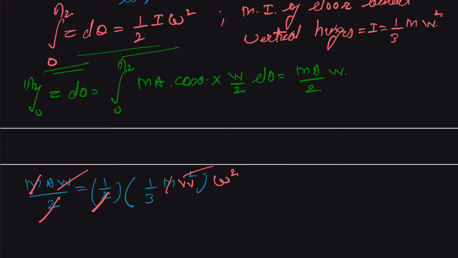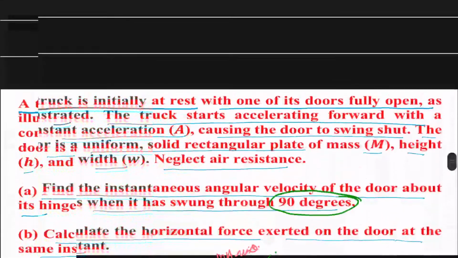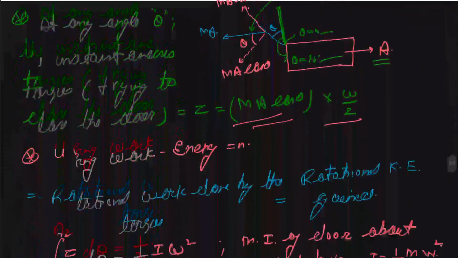Therefore from here we get that omega square will be equal to 3a divided by W, or we can say our omega will be equal to the square root of 3a by W. So this is the instantaneous angular speed when the door is swung through 90 degrees, which is what was asked for.